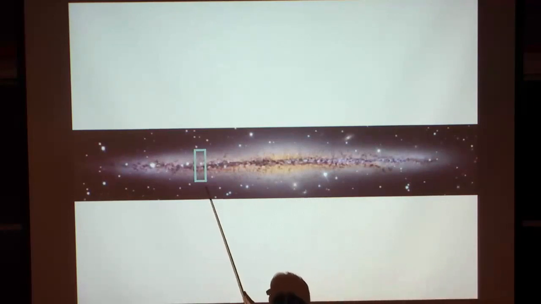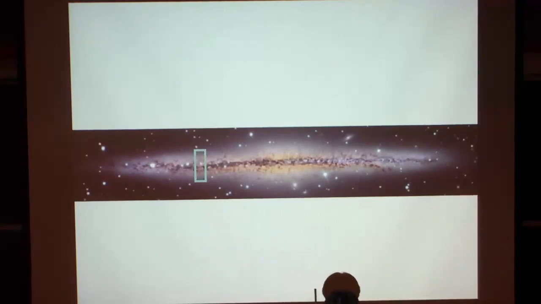And we can just look at this local disk region. And star formation is triggered when this disk is compressed or gravity is dominant. Or star formation is quenched when this disk is puffed up or the pressure is dominant.